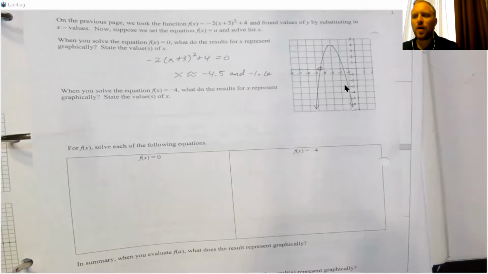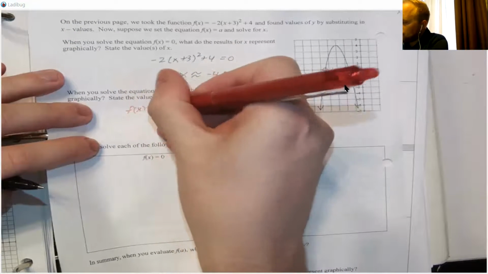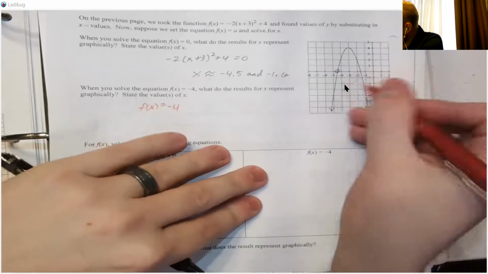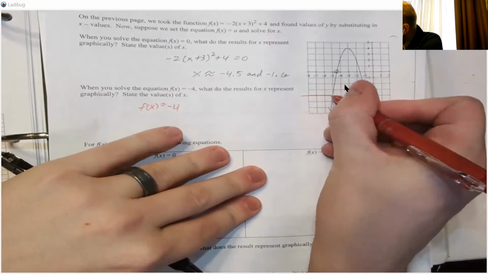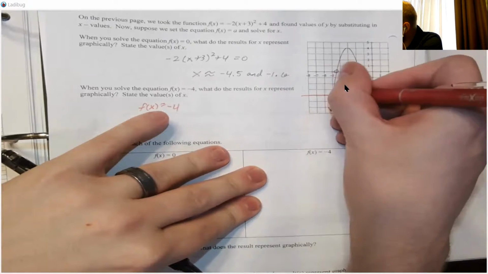Now it says, when you solve the equation for -4, what do the results of x represent graphically, and state those values? So if I were to set f of x equal to -4, I'm looking to see where on the graph y equals -4, at what points is that occurring?